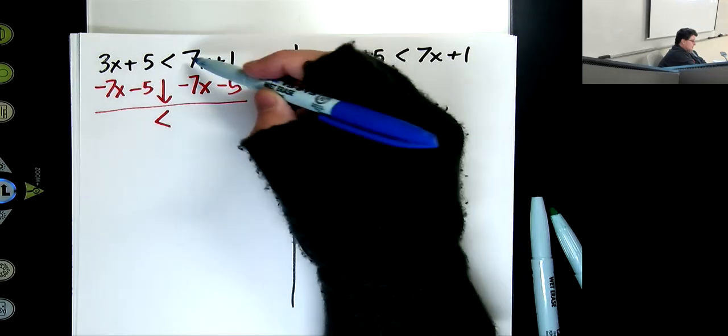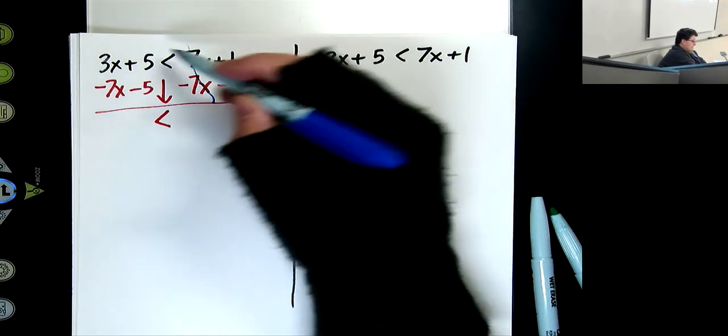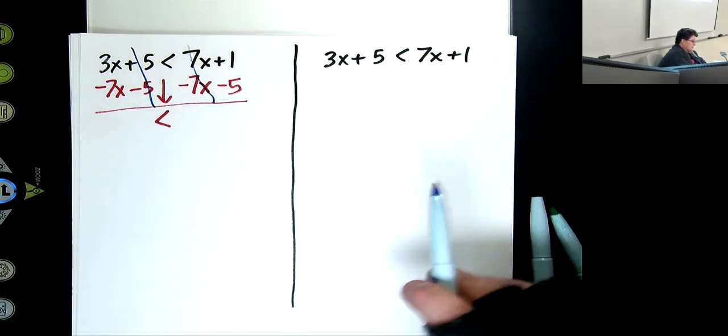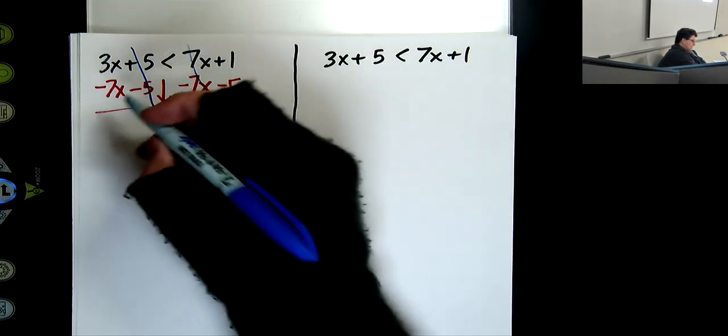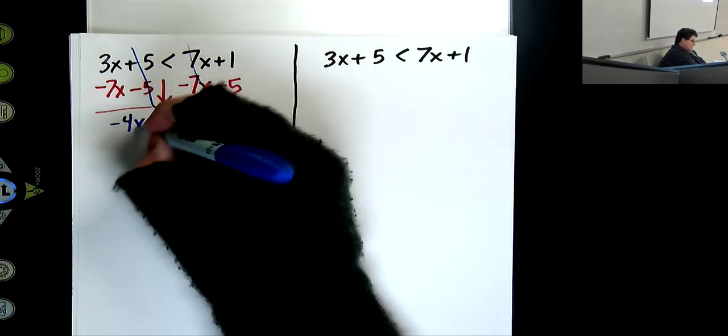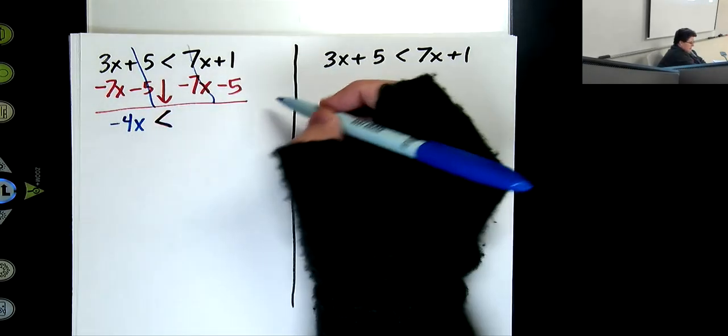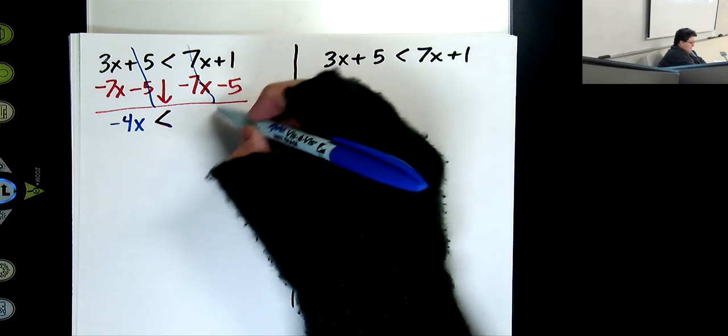Here, the 7x's go away, and the 5's go away. And I have 3x minus 7x is negative 4x. And on the right side, I have 1 minus 5 is negative 4.